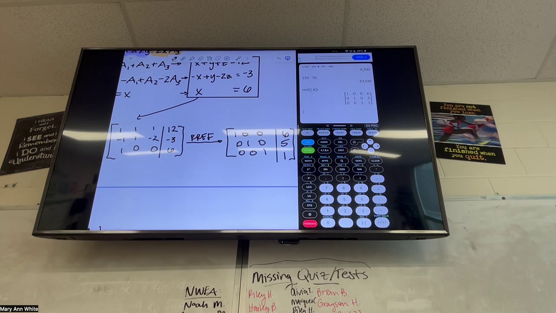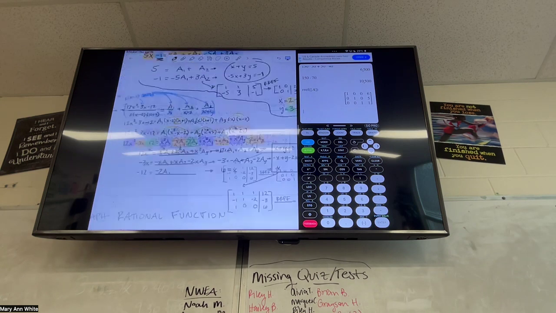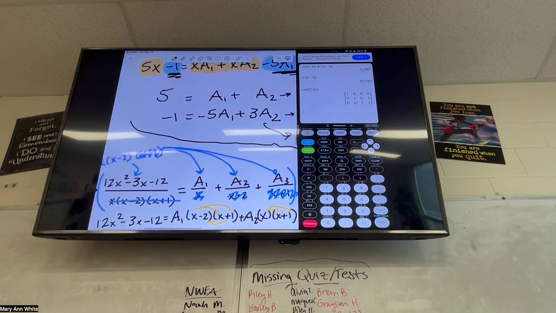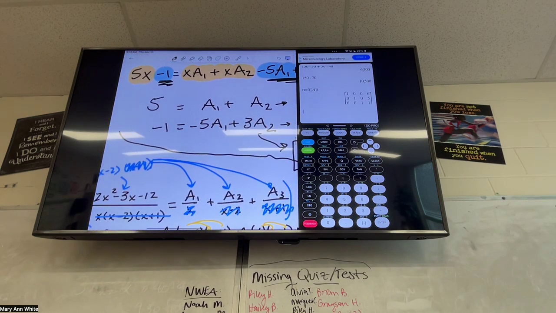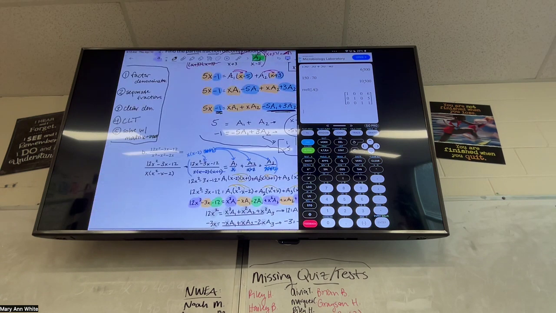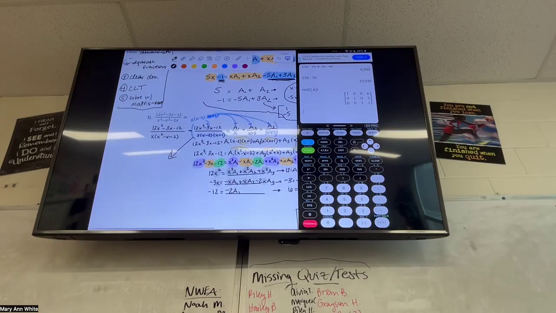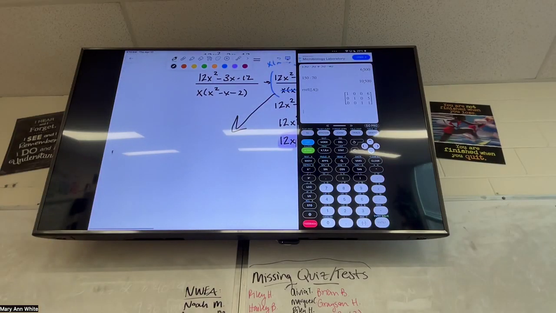Okay. The very last step I want to do is take this original equation and replace a sub 1, a sub 2, a sub 3. So I'm going to use this space over here, and I'm going to rewrite it. I've got 12x squared minus 3x minus 12 over x to the third minus x squared minus 2x.